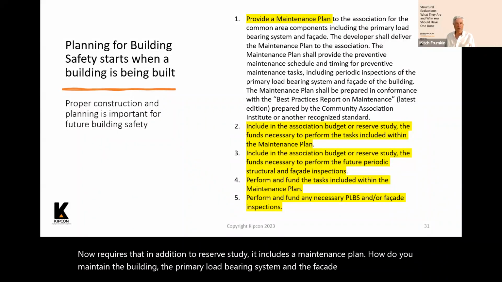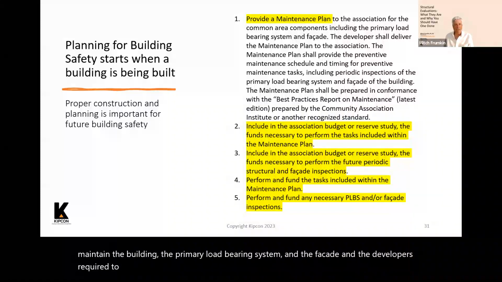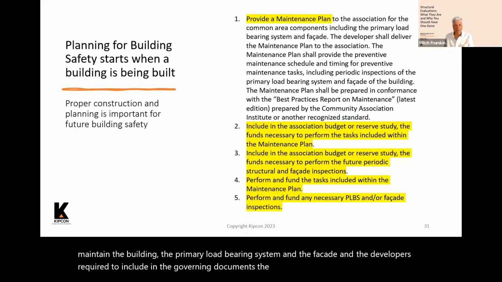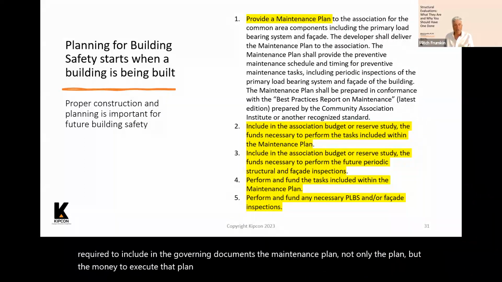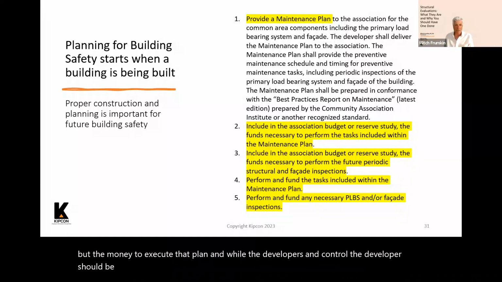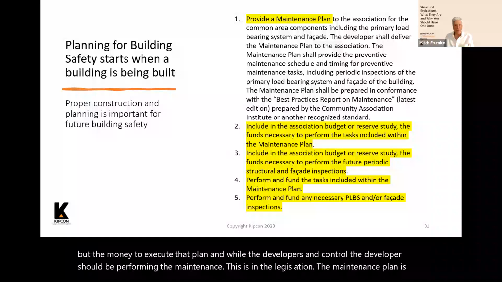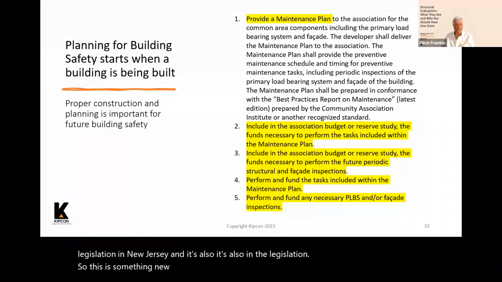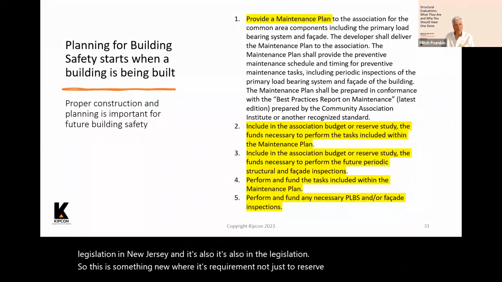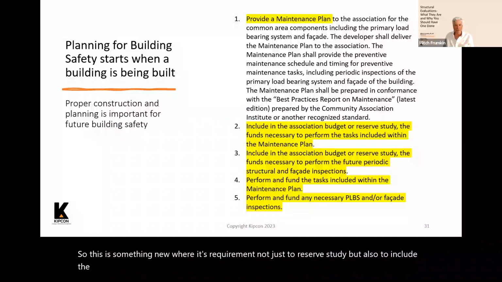The developer is required to include in the governing documents a maintenance plan, not only the plan, but the money to execute that plan. And while the developer's in control, the developer should be performing the maintenance. This is in the legislation in New Jersey, and it's also in the legislation in Delaware. So this is something new where it's a requirement, not just a reserve study, but also to include the maintenance plans and funding for it.